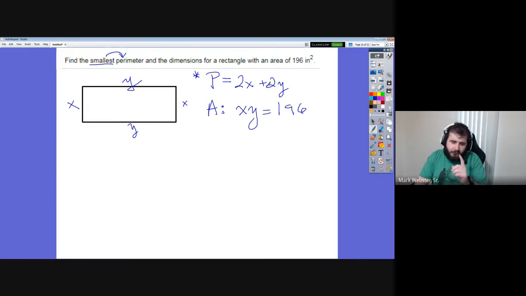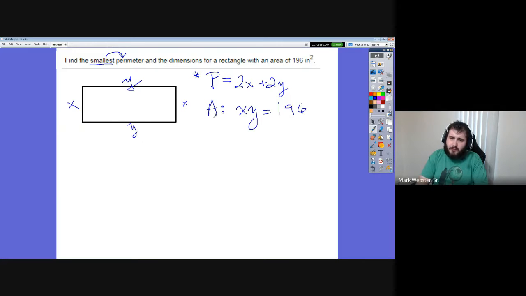So we want one variable so we can take the derivative with respect to the one variable. And it doesn't really matter which one we choose. I tend to go with X, but it doesn't matter. You'll get the same answer whether you solve for X or you solve for Y.